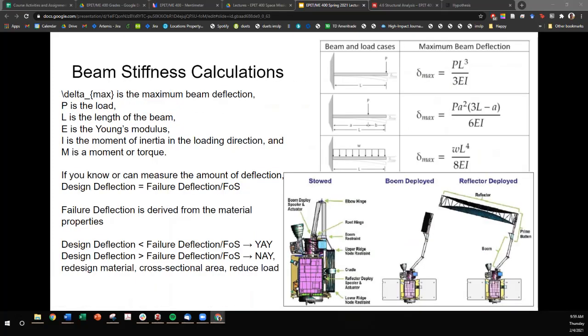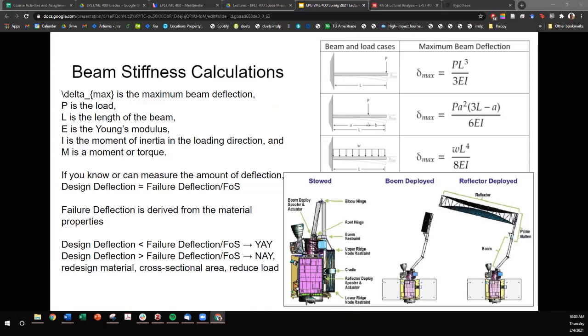Okay, let's talk about beam stiffness. So you can think of this loading situation as like the SMAP spacecraft, where here's SMAP stowed, but if you start to deploy the boom and then you go into mission operations and you deploy your reflector, SMAP is spinning around. So you want to make sure that this boom survives the kind of load that the reflector imposes.